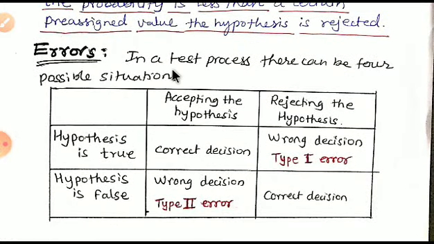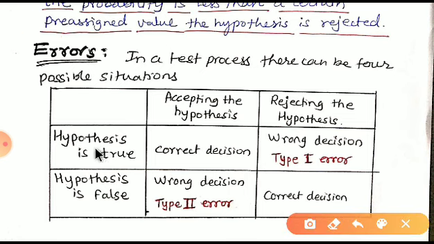Now, error. In this process four possible situations arise. First, if the hypothesis is true and we accept the hypothesis, then this is a correct decision. And if the hypothesis is false and we reject the hypothesis, then it is a correct decision.